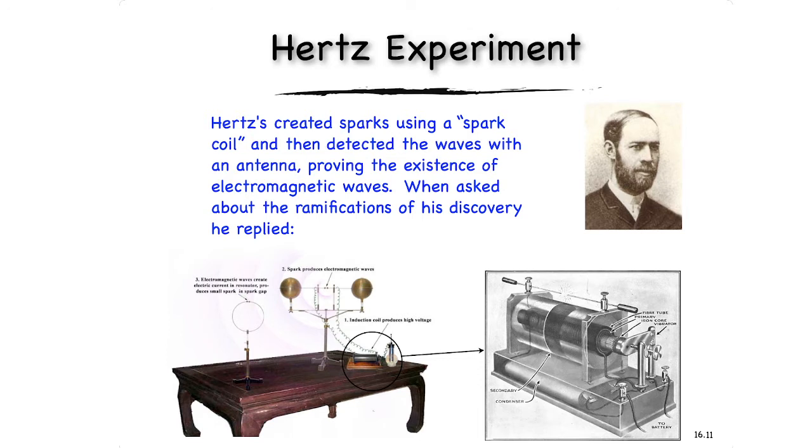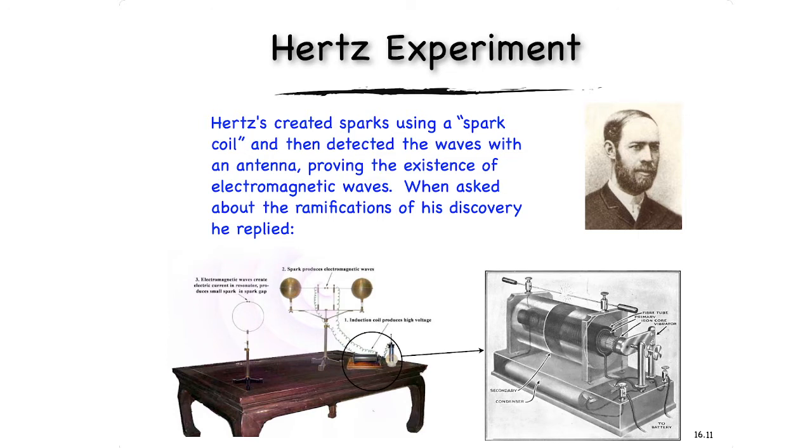So you can think about it as wireless power transmission on a very small scale. You can think about it as electromagnetic communication. A signal, in this case a single bit, a spark, was produced here and detected over here through wireless transmission.